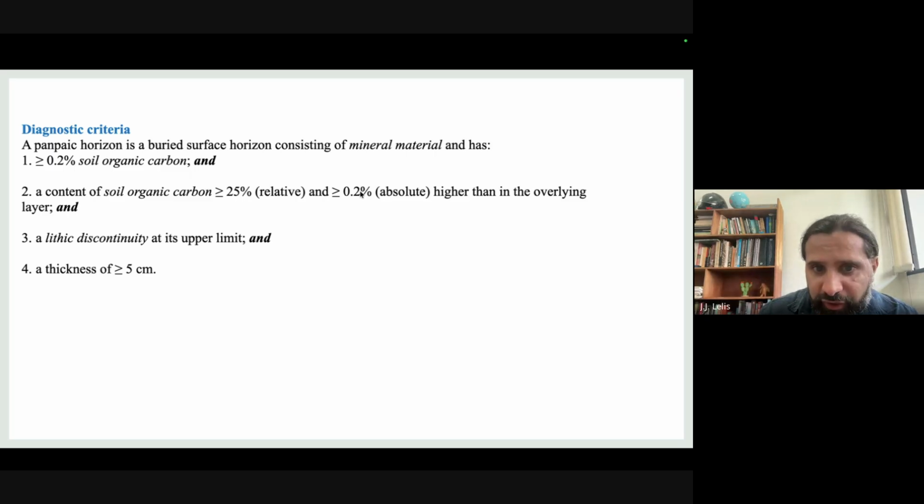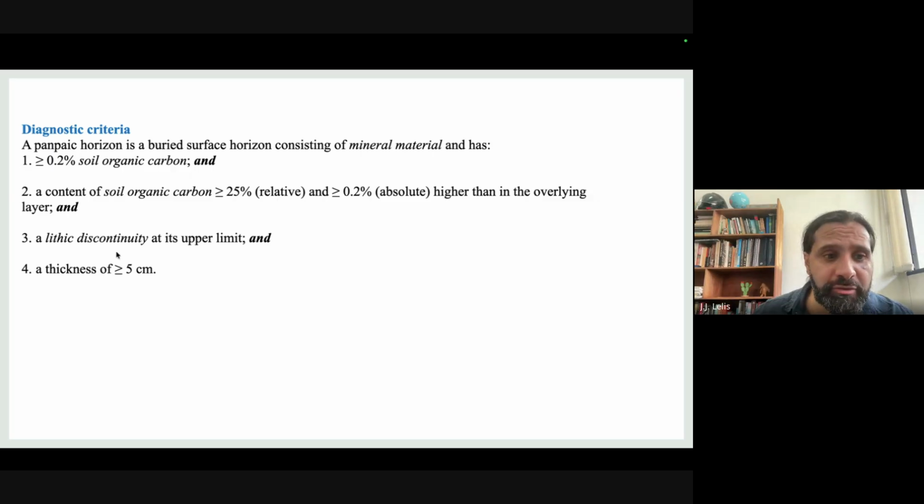So I can fit this, and then I can just calculate: 0.3% is 100%, 0.1 is equal to X, this is equal to 33%, so it also fits this criterion of a relative increase of organic carbon content in the Pompeiic horizon. This criterion is just to express that what we have below is a buried horizon with darkish colors, but much more important than this, with a higher organic carbon content than the overlying horizon.